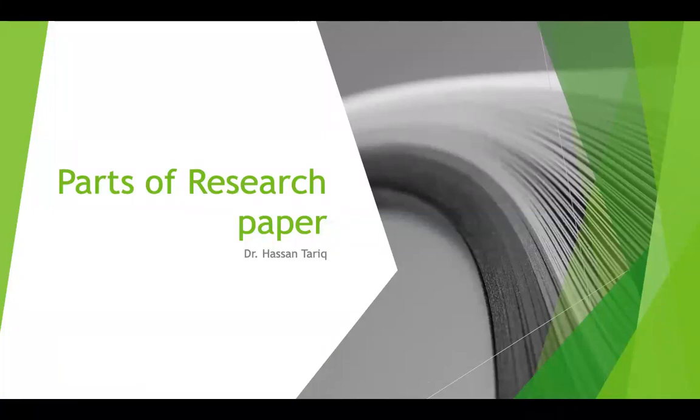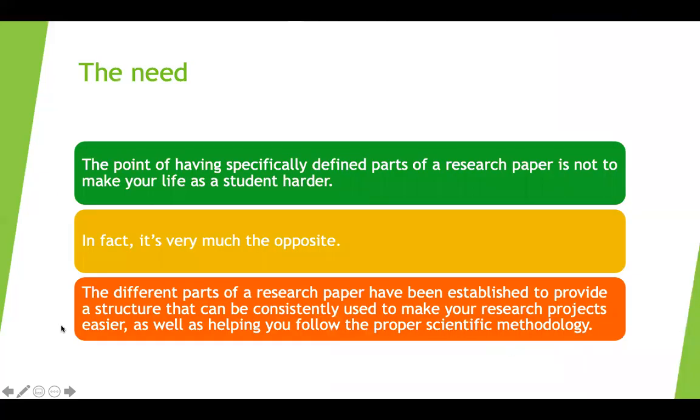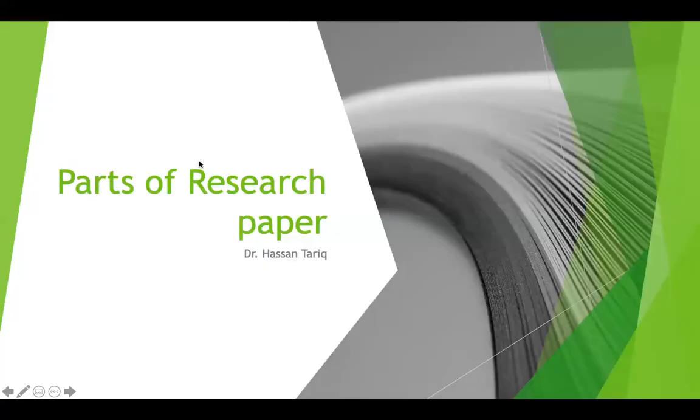It has different parts which have different requirements. So in short, when you are writing a research paper, there are different parts, and each one has something different to say to its reader.